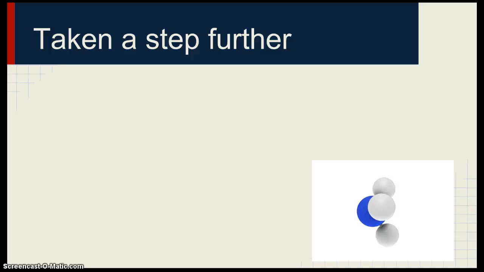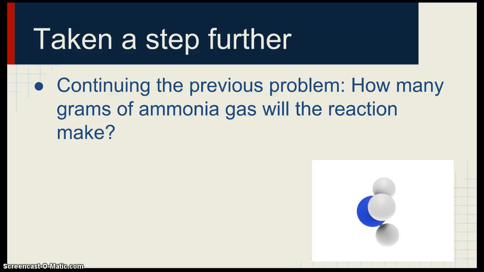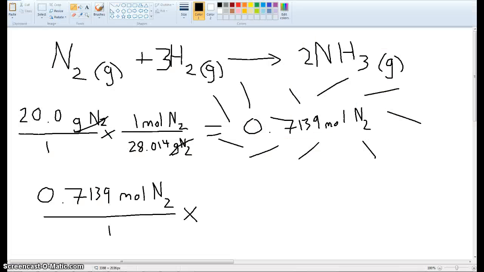And in fact, we've already done the first step. Since we've already taken the mass of nitrogen and put it into moles of nitrogen, the rest of this should be a snap, shouldn't it? Let's do that then. From the previous problem, taken to the point where we've gone so far, how many grams of ammonia gas will the reaction make? Take just a minute, do that.